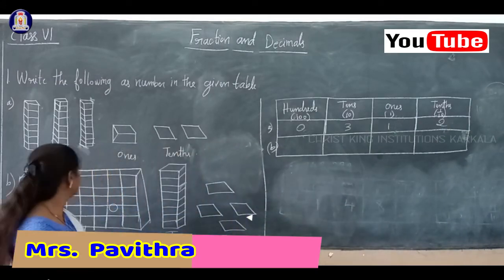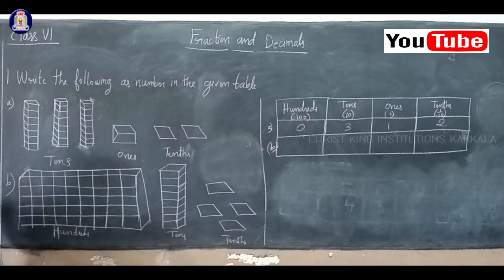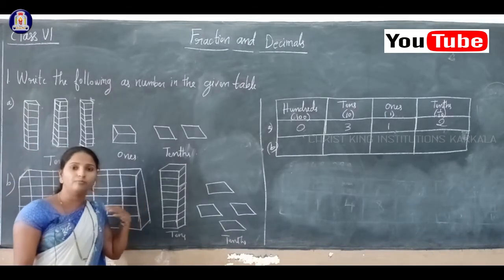Now next figure B. In this, how many columns are there? There are hundred columns. How many hundreds are there? Only 1, so they considered this whole one figure. In that they mentioned this is hundreds. How many tens are there?